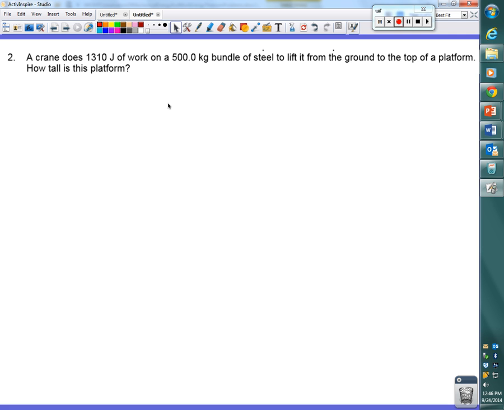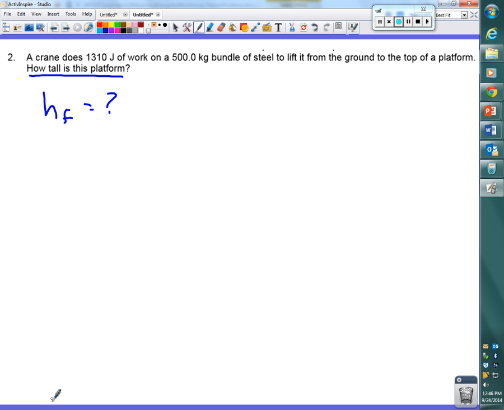Because where does the steel bundle end up? On top of the platform, right? So the height of this platform, that would be how tall is the platform? That's going to be our final height, right? Because that's where the steel bundle ends up.